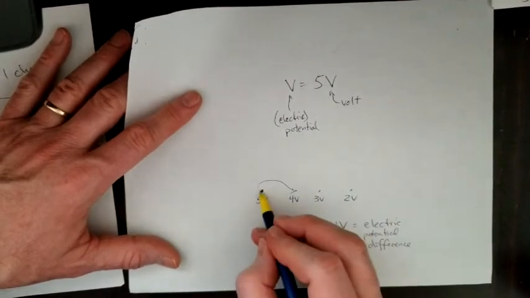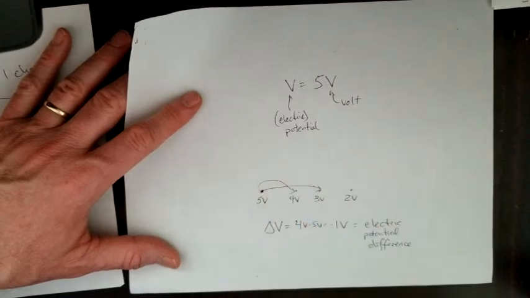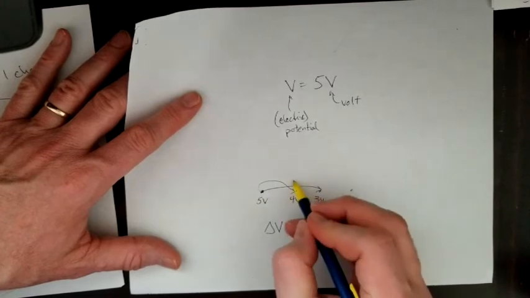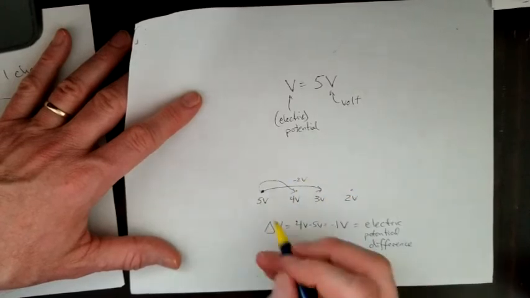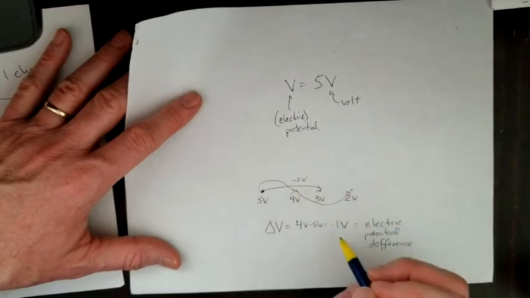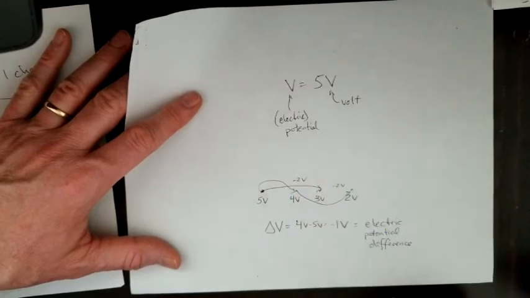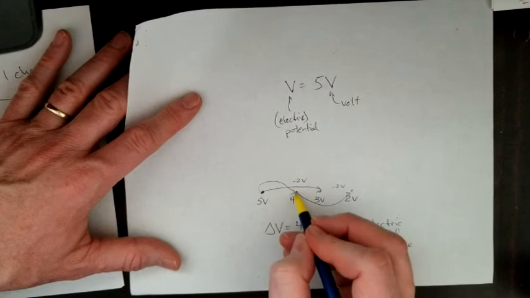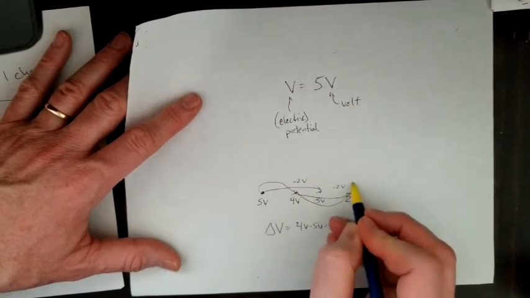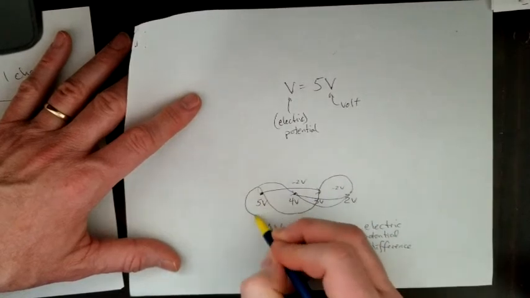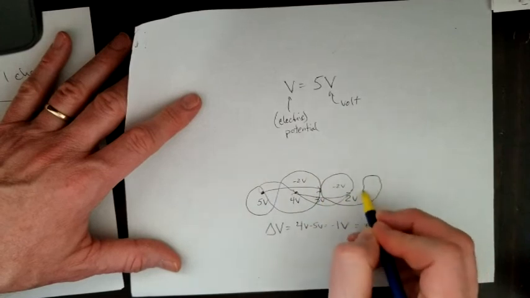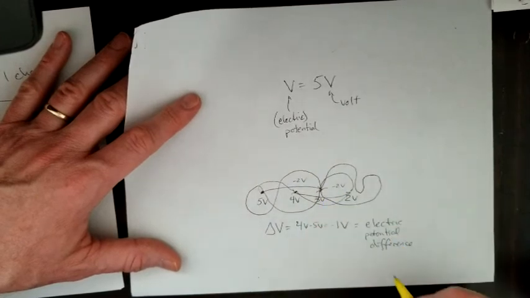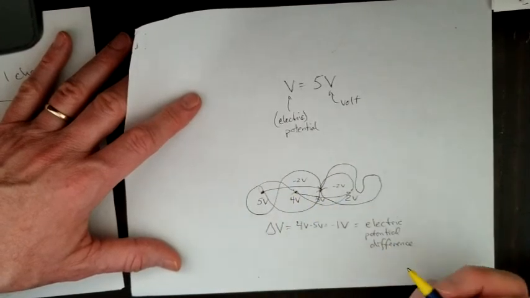If I start at this 5 and I move to here, what is the electric potential difference, or change in the electric potential? Well, in that case, that would be negative 2 volts. If I took it from 4 to 2, that would also be negative 2 volts. Now, if I start at the 4 and I go to the 2, but then I come back over to the 3 and then to the 5 and then go around and end up at the 3, what's my change in potential now?